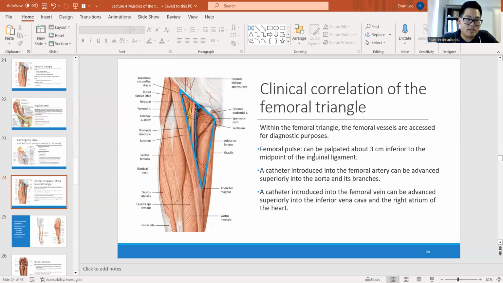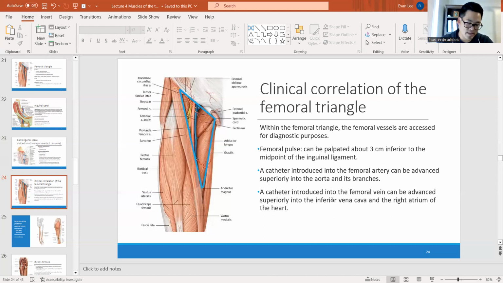But this is also where a lot of catheters can be inserted, like things they'll need for different types of surgery. You can use the femoral artery to travel up to the aorta, or travel through the vein to the inferior vena cava.